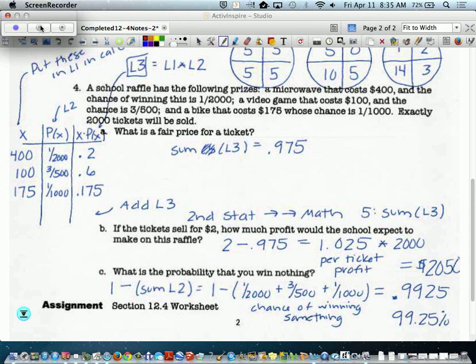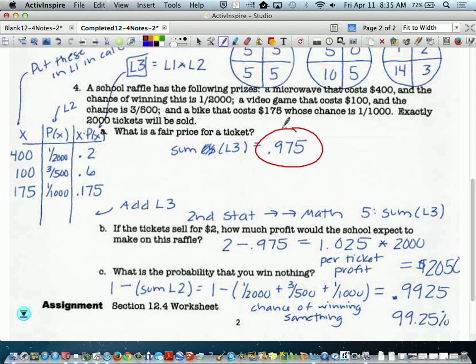$100, that's the video game. There's a 3 in 500 probability of winning that, which is 0.6. And a $175 bike, 1 in 1,000, that's 0.175. So if I add those 3, this is my expected value.